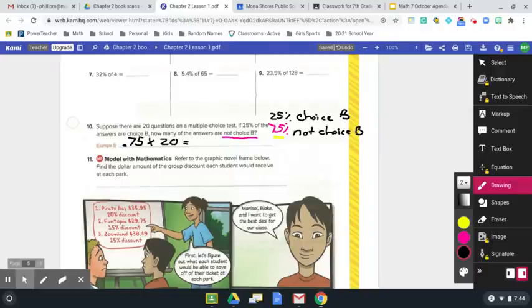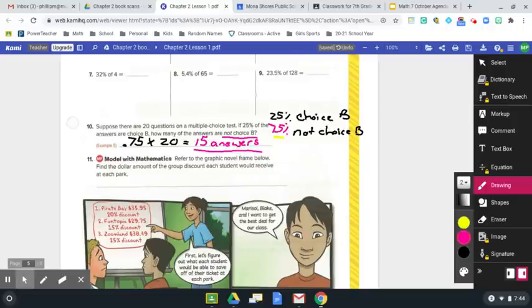So hopefully, when you calculated that out, you should see that 15 answers are not choice B. Here's your final right there.